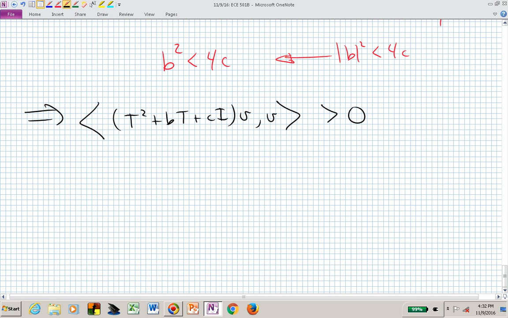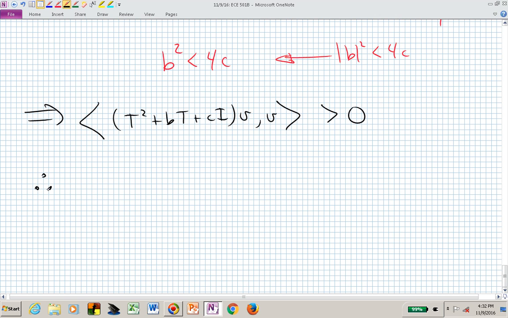But now if I have an operator applied to a vector, inner product with that same vector, and I'm getting something that's positive, what am I saying about that map? And v is any vector. It's for all vectors in the vector space V. This is true for all v.